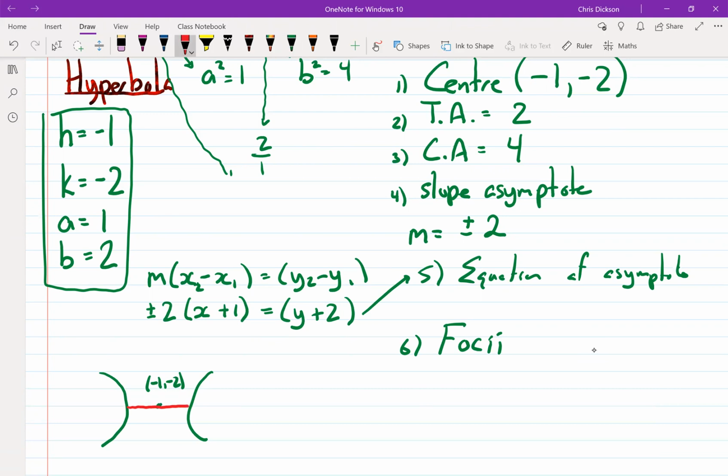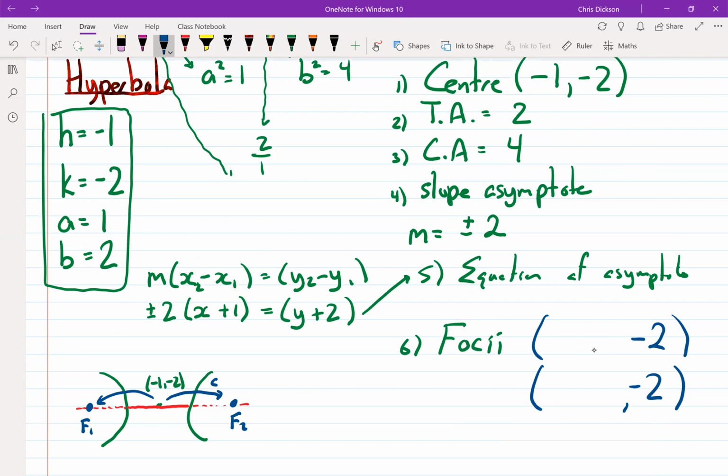And if you extended it past there, somewhere on that transverse axis, you're going to find your foci. And the distance from here to there is c, and the distance from here to here is c. So what I know is going to be the same height, so I know it's got to be a -2 on the end for both foci. And so now I was going to find out my c value here. So for the hyperbola, a squared plus b squared is equal to c squared.